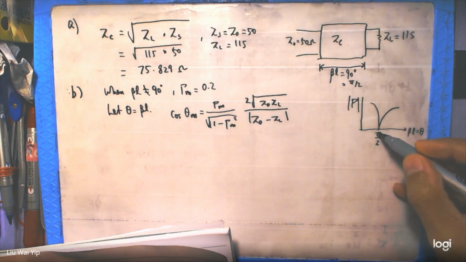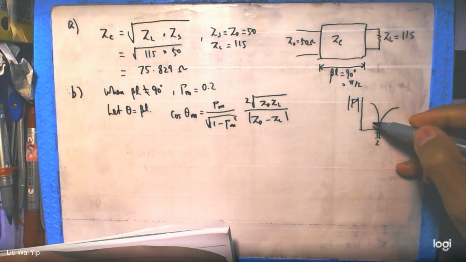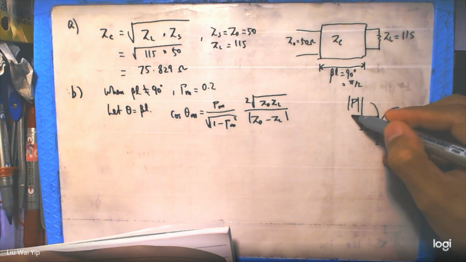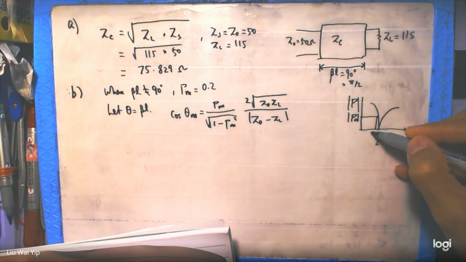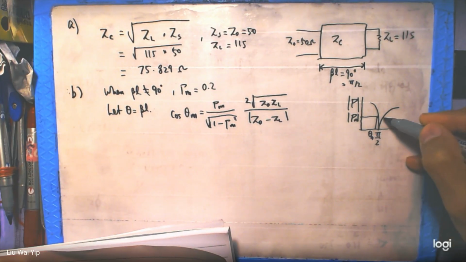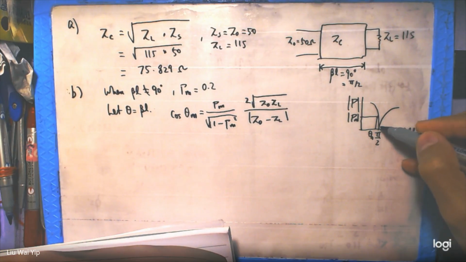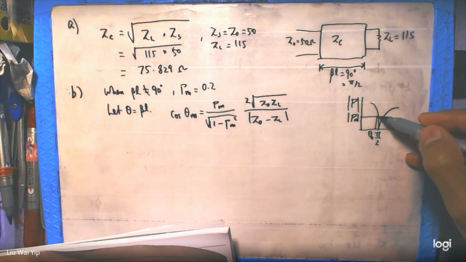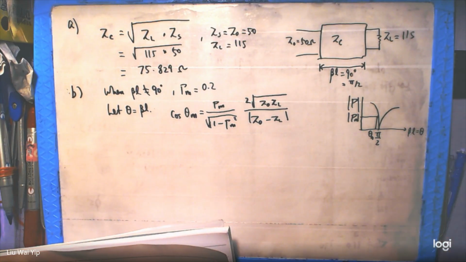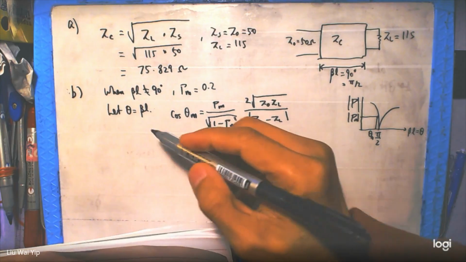So beta M represents this point here, or you can say beta L M. In order to calculate the bandwidth, you need to find this formula.